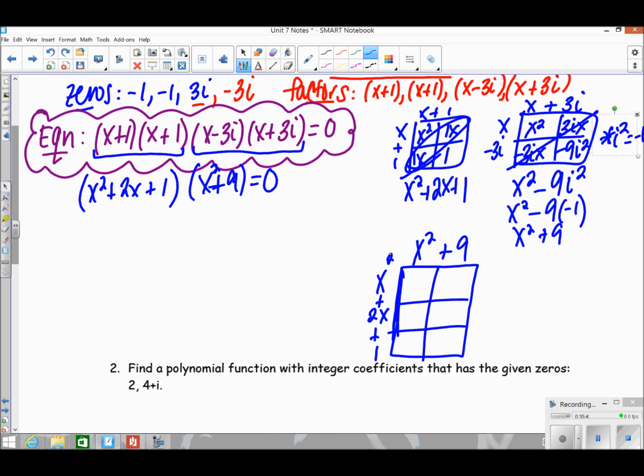So we're going to multiply these. So we get x to the 4th. I have 9x squared, I have 2x to the 3rd, 18x, x squared, and 9. So I end up with x to the 4th. I have a like term here and here, so I can add those.